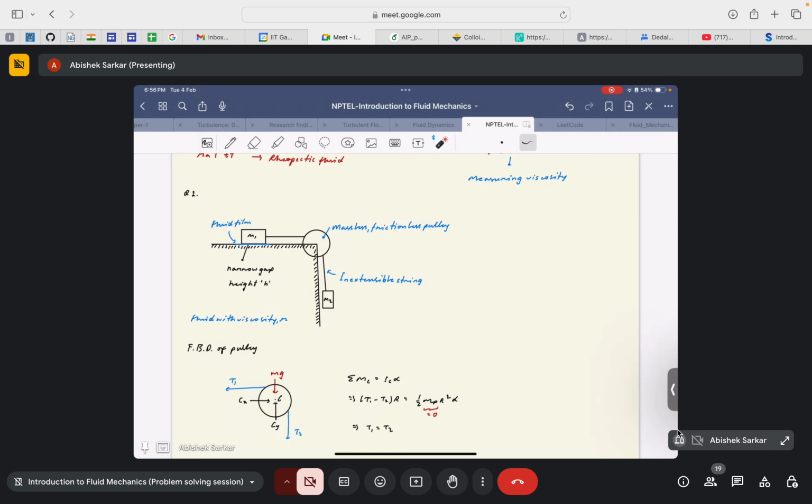So we substitute T2 by T1, and since the string is inextensible, the velocity of block 1 and the velocity of block 2 would be equal, and let us consider the velocity to be V. Then we can write T1 as minus m2 dV by dt plus m2 g.